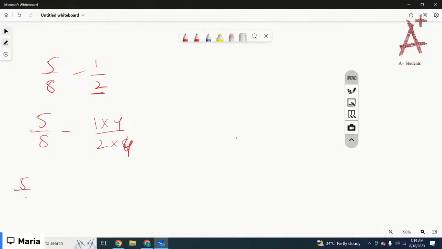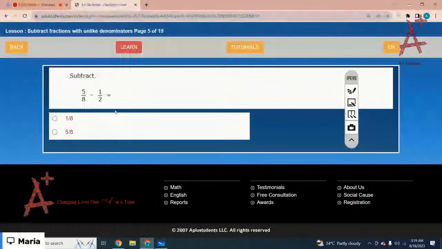It would be 5 over 8 minus 4 times 1 is 4 and 4 times 2 is 8, right? So they have like denominators, simply subtract their numerators. So 5 minus 4 is 1 over 8. The correct option is 1 over 8.